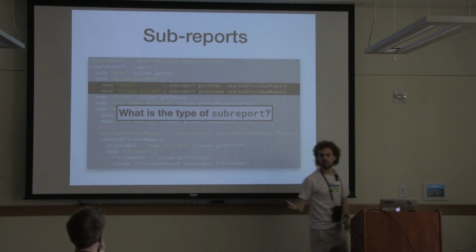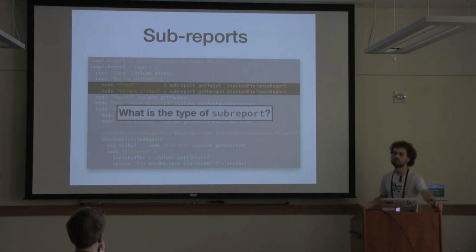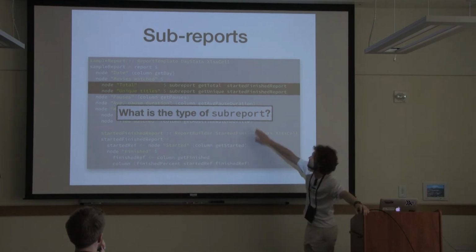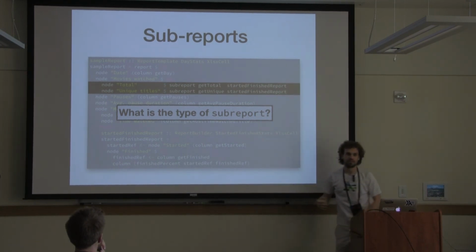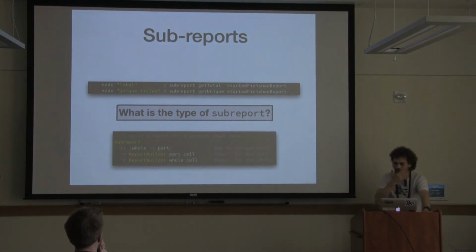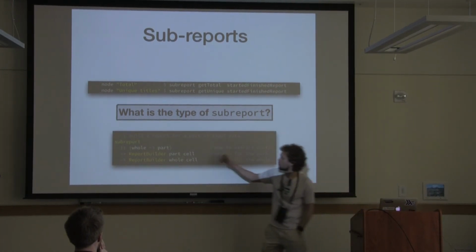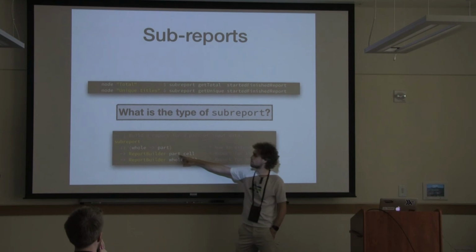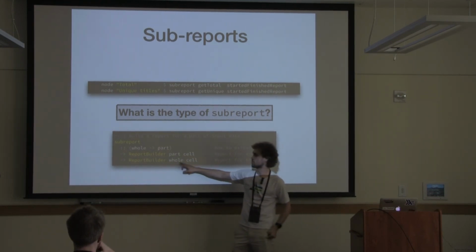So what do you think that one does? The lens. Some kind of aggregator for rows. No, it's actually just a function that extracts this data from daystats. Okay? Together. Yes. We don't need the lens because we only do it one way, at least so far, right? So the type of subreport is, we have a function that takes a whole and gets a part of it. We have a report builder for a part, and then we can have a report builder for the whole. Okay?